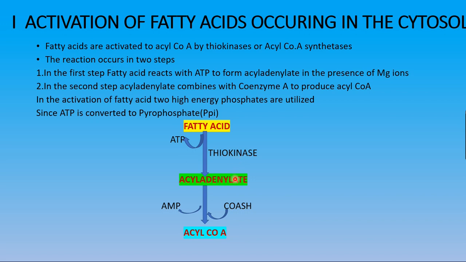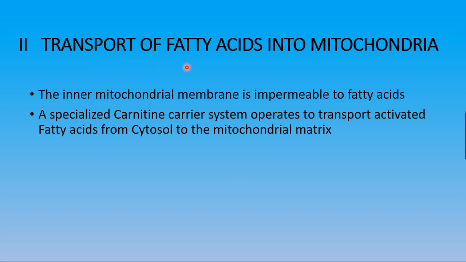So the second step is transport of fatty acids into mitochondria. The inner mitochondrial membrane is impermeable to fatty acids. So obviously there should be some carrier system to transport this activated fatty acid from the cytosol to the mitochondrial matrix.